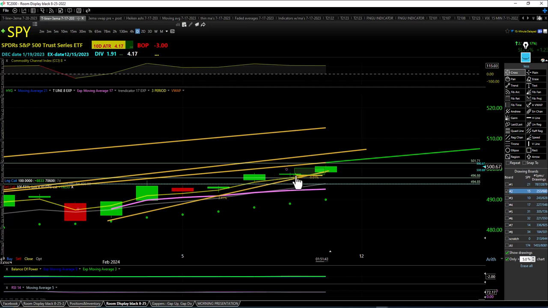It spent most of the time there. That little wick you see up there, that happened in the last hour. All right? And this is where you recognize bullish price action. Consolidating almost in the upper half of this candle right here, and an inside day.